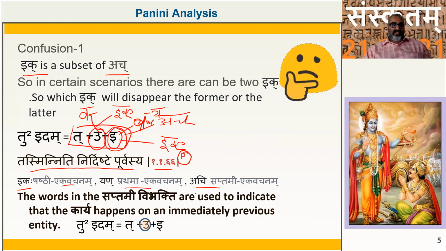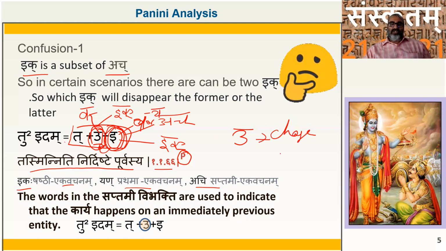By this sutra, Tasmin iti nirdishte purvasya, it says that for the word mentioned in Saptami Vibhakti, the Karya happens on the previous entity. Here you have two Iks, and whether it will happen on u or e has been clarified by Panini: the change will happen to the former one and not the latter. So it is very clear, in Tvidam, the u will undergo change.